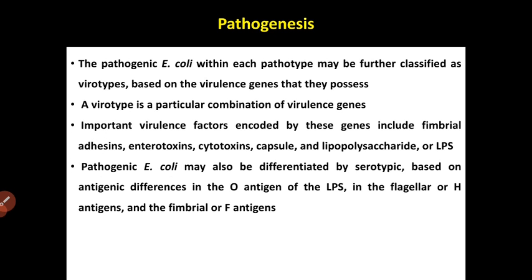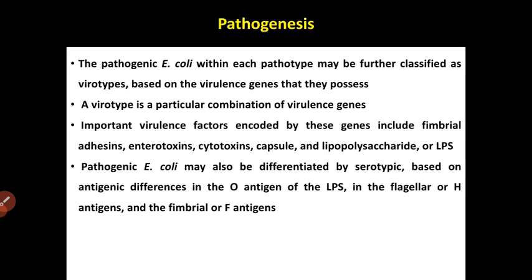Next, pathogenesis. Now, we will see the manner of development of disease. Pathogenic E. coli with each pathotype may be further classified as virotypes based on the virulence genes that they possess.